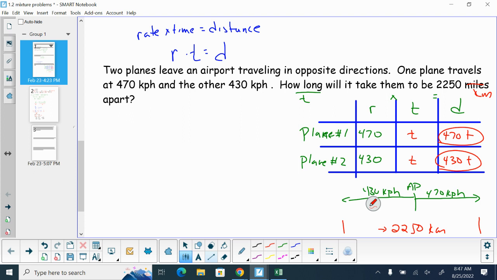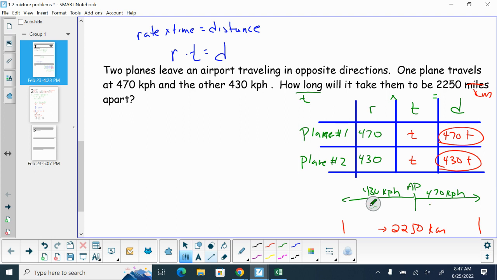So what can I do with my two distances here, 470 t and 430 t, to set up an equation? What can we do with those distances? Add them together.